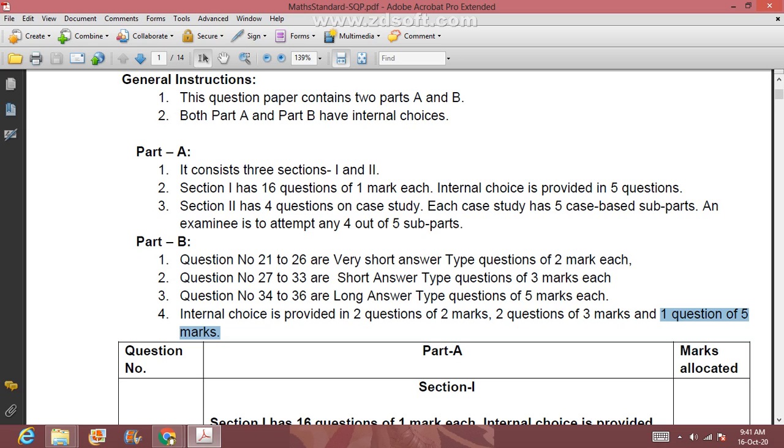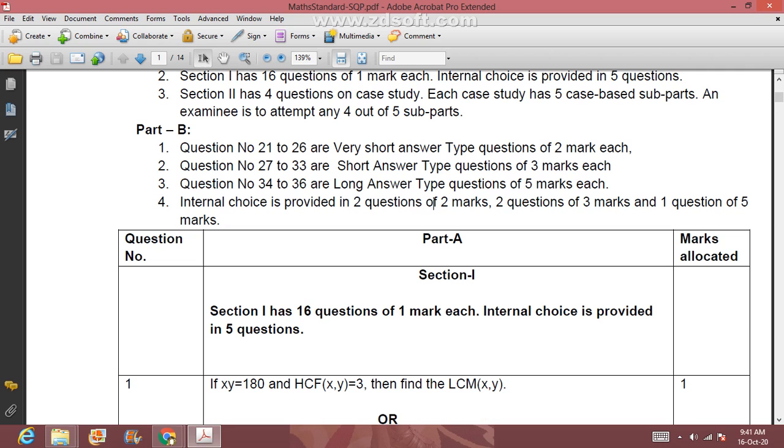So overall, for the 1 mark questions, 5 internal choices. For case studies, in each question 1 choice is given extra. For 2 marks questions 2 internal choices, for 3 marks questions 2 internal choices, and for 5 marks questions 1 internal choice is there.